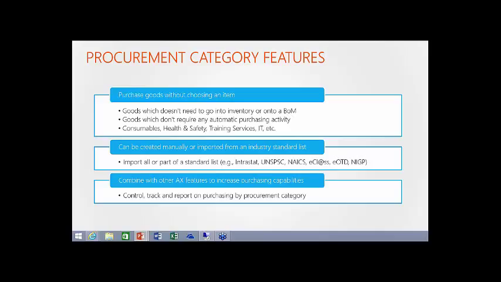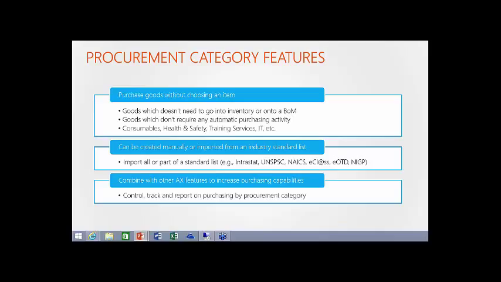A lot of companies use this for things like consumables, health and safety, maybe training activities, IT. So they don't come into stock. You don't have to create them in AX as a released product. But you can, so the user can just request them by picking a category and typing in what they want, maybe putting in a URL or something like that. So that gives you a lot of flexibility and not overloading your inventory with lots of unnecessary things.